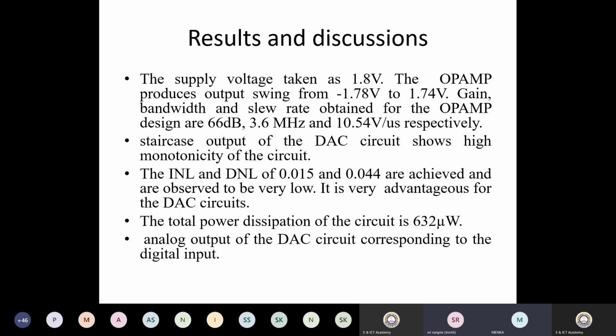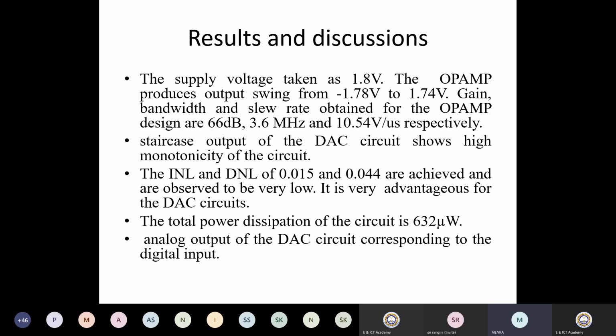The staircase output of the DAC we have already seen. It shows that there is monotonicity in the circuit. Mono means one, so monotonicity means the output always keeps on increasing.